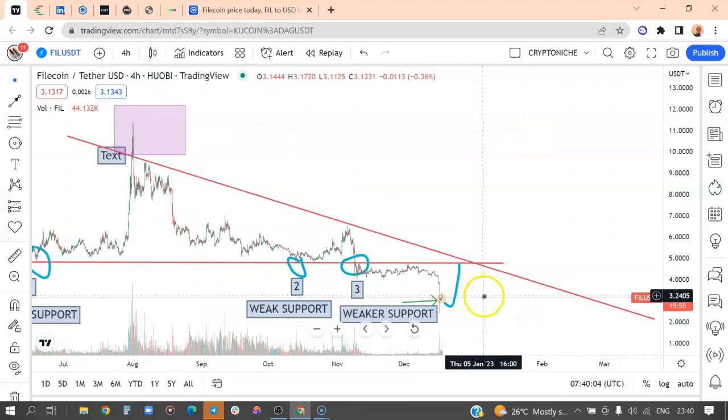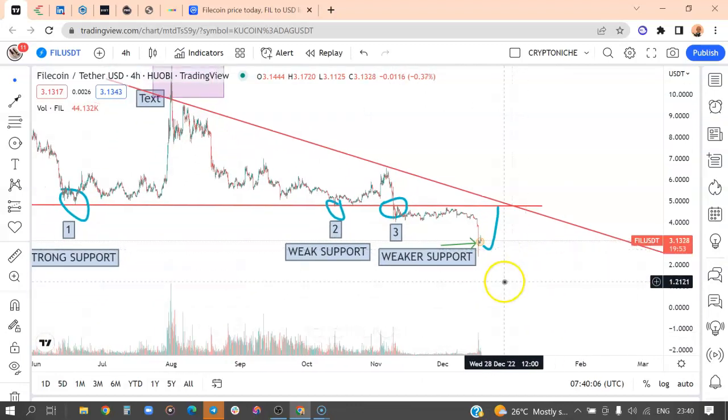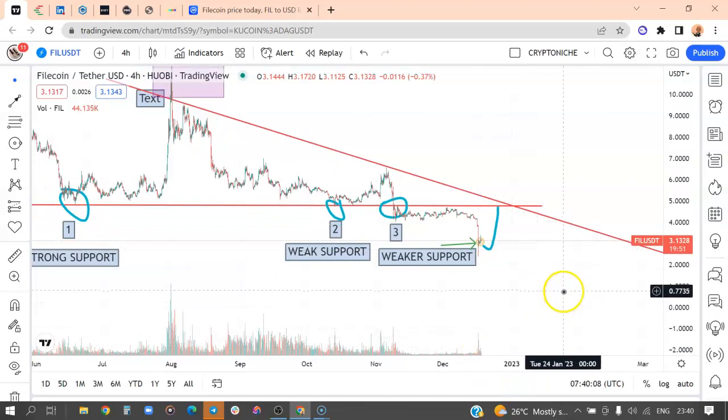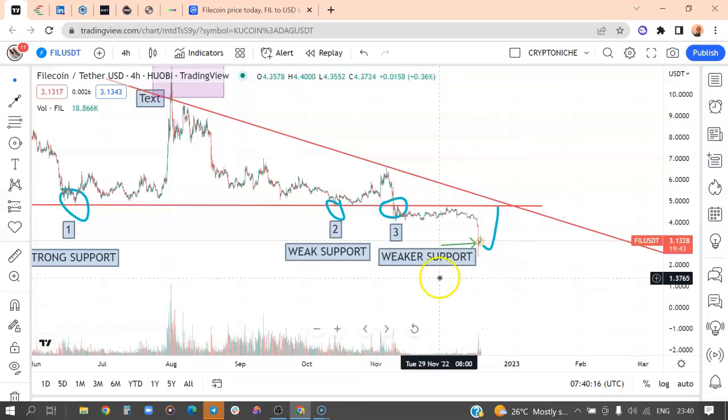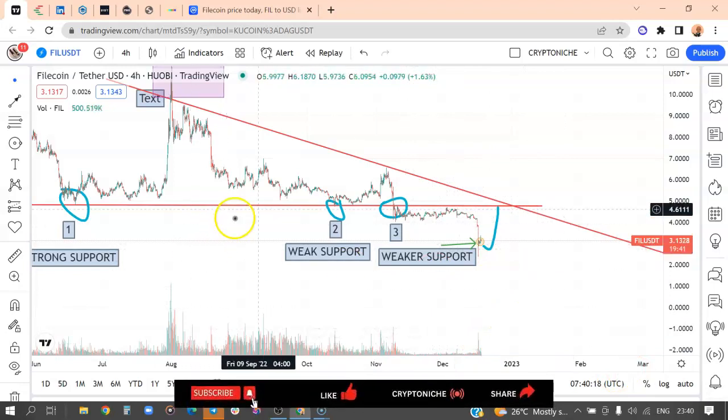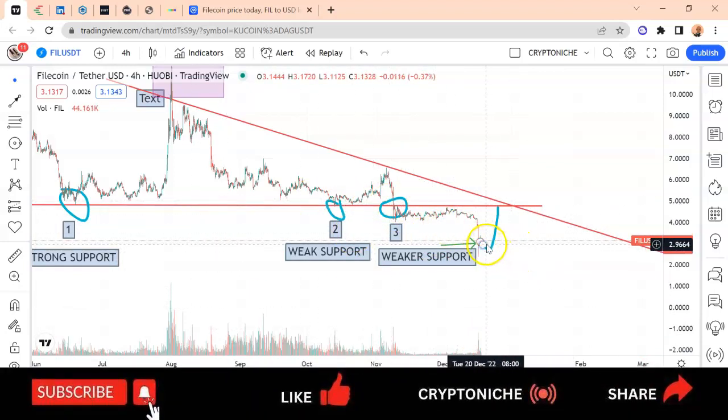From here I'll be keeping my eyes on $2 per Filecoin, which is very possible before the next bull market. I'll set my alerts so that when it gets there, I will be notified and build a long position, because it's a medium to long term investment for me.